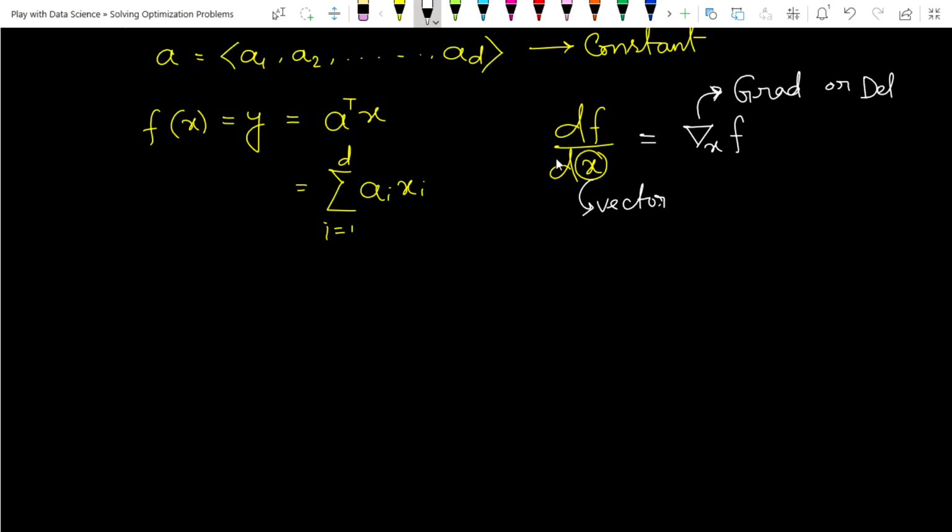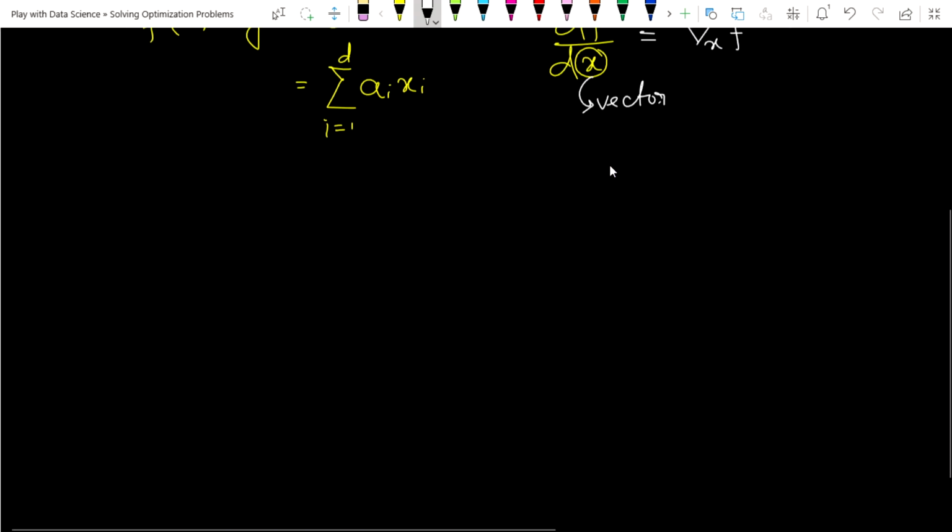So in vector differentiation, we use this grad symbol. Grad or del of f with respect to x means that we are differentiating using the vector x, not a scalar. I think this is all clear.